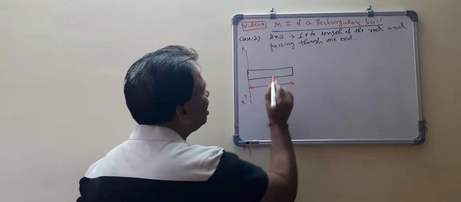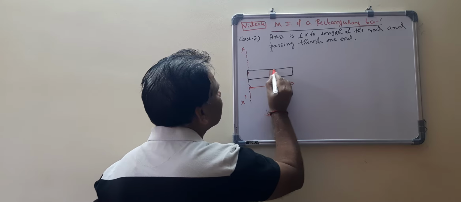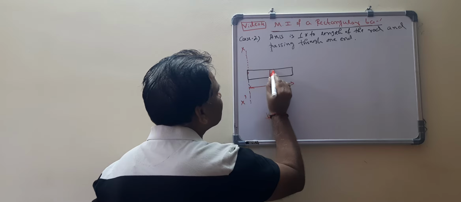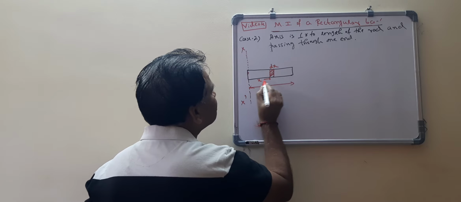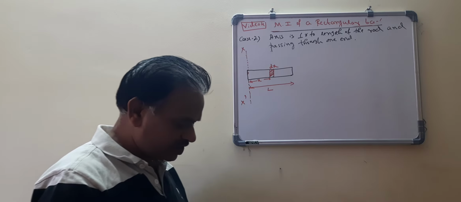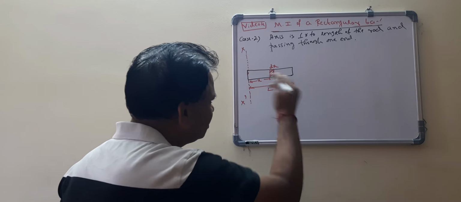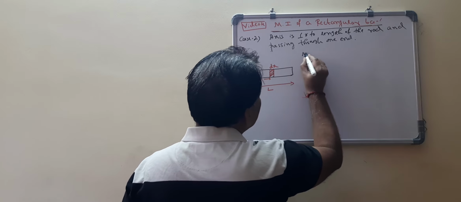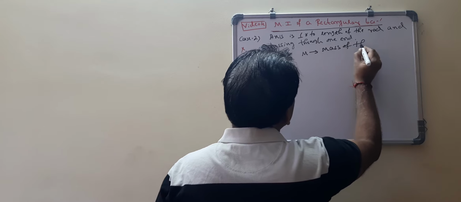Here also I am considering a small element. The thickness is dx and its distance is x. Now, same thing as I discussed in the previous derivation. M is the mass of the rod.